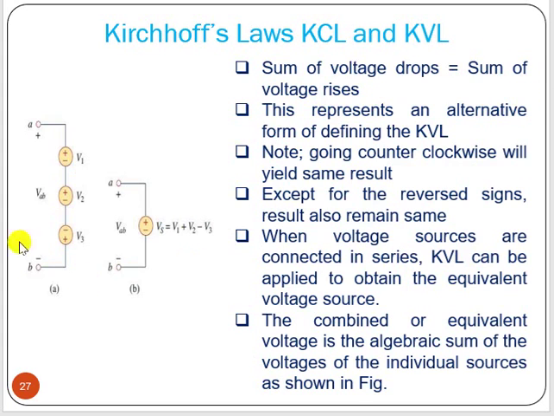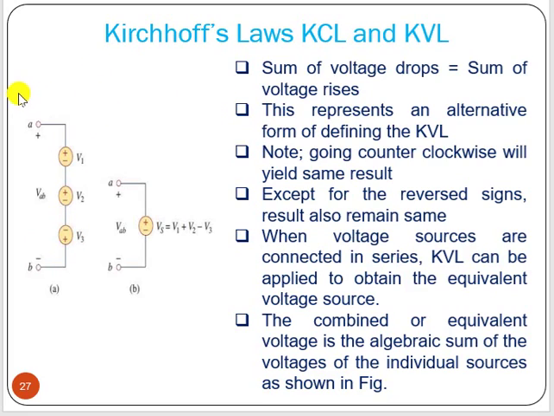Okay. Now here, what happens if we apply KVL? Now plus Vs equal to what? If you consider the clockwise direction, minus to plus, so that is Vs plus, then plus to minus, plus to minus, so these two are minus V1 minus V2, and minus to plus, so plus V3.